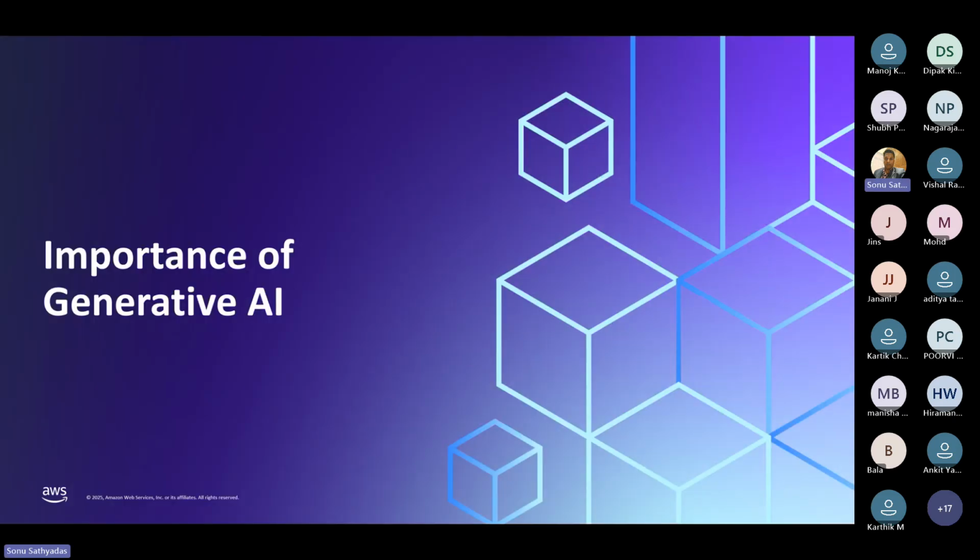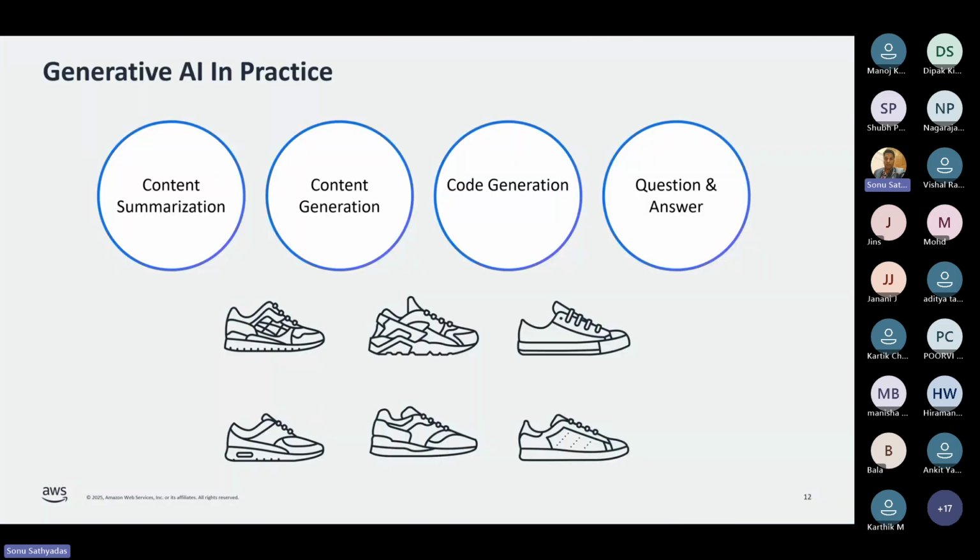Now, we will see how generative AI is important for us. As we have discussed earlier, we are using the generative AI in different domains. But what are the different use cases or features of generative AI? We are using it for summarizing content. We are using it for generating some new content.